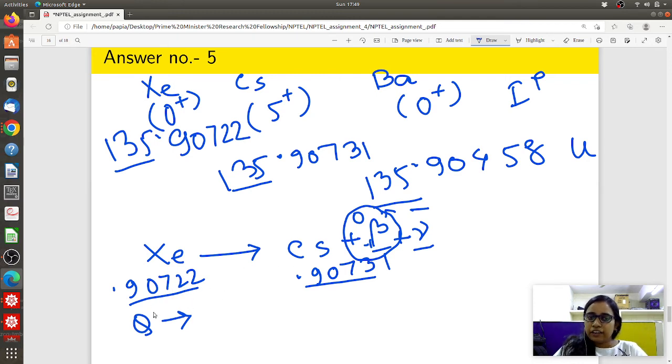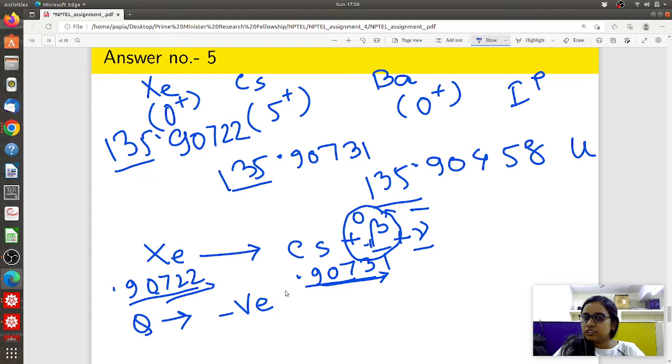And also, if Q equals this one minus this one, then I have 0.90722 and 0.90731, which will obviously give a negative value, because 90731 is greater than 90722. So we can see that the Q value for this system is negative.